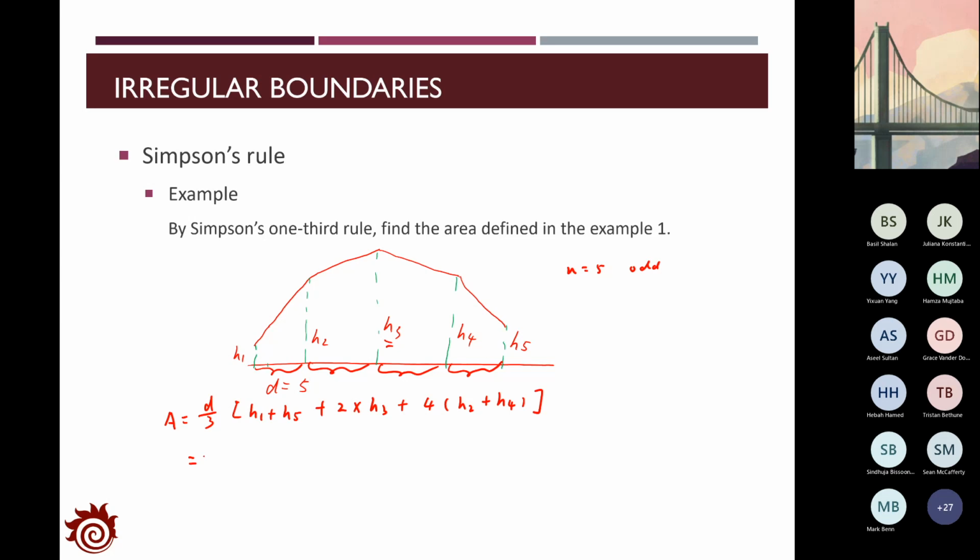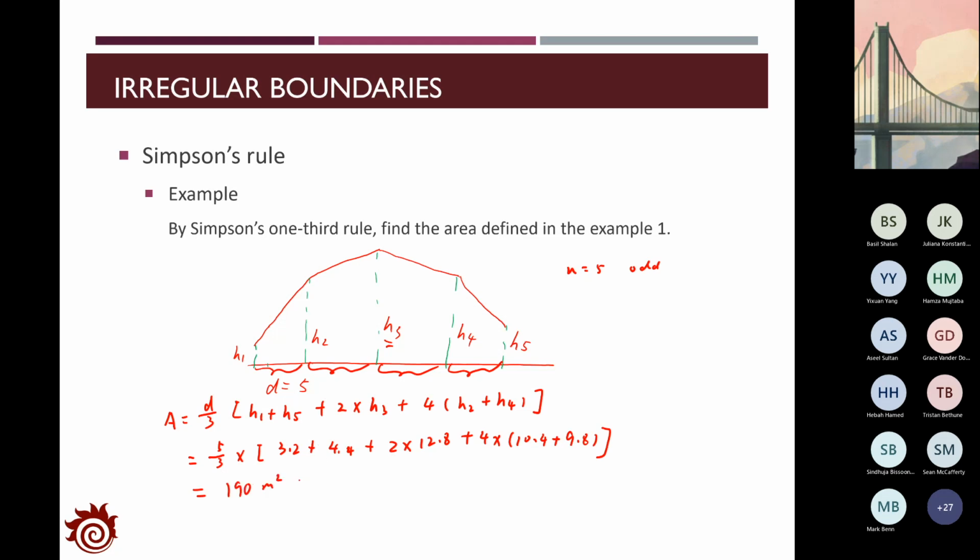With that, you get the value as 5 divided by 3 times (h1 is 3.2, h5 is 4.4, and h3 is 12.8, plus 4 times (h2 is 10.4 plus h4 is 9.8)). And this will give you the estimation as 190 square meters.